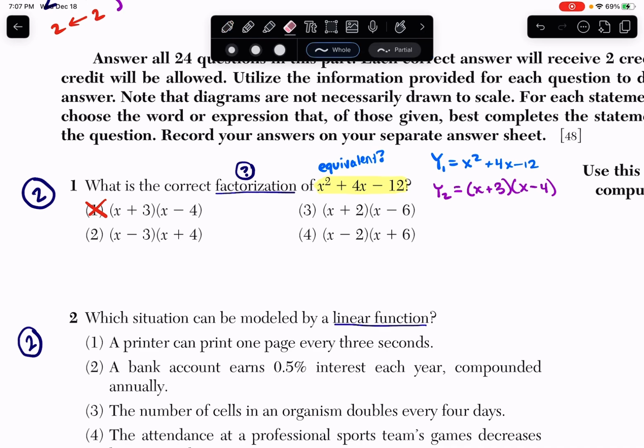I'm going to try again with answer 2. Answer 2 says x minus 3 in parentheses, x plus 4 in parentheses. So if I type this into y2, and go to my table, once again they do not match.